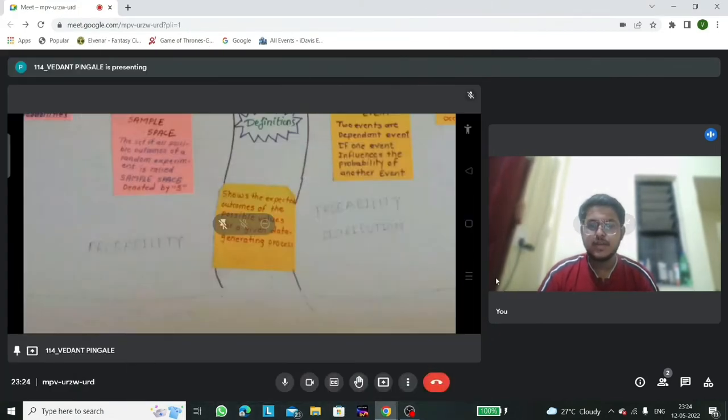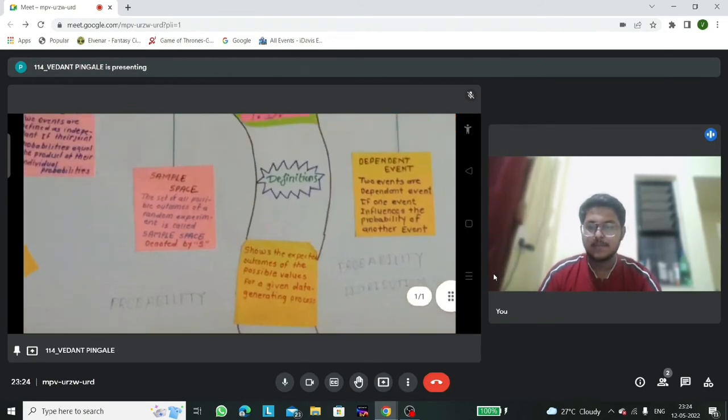After this, we are going to see some important terms which should be known while studying probability. First, sample space. The set of possible outcomes of a random experiment is called as sample space.